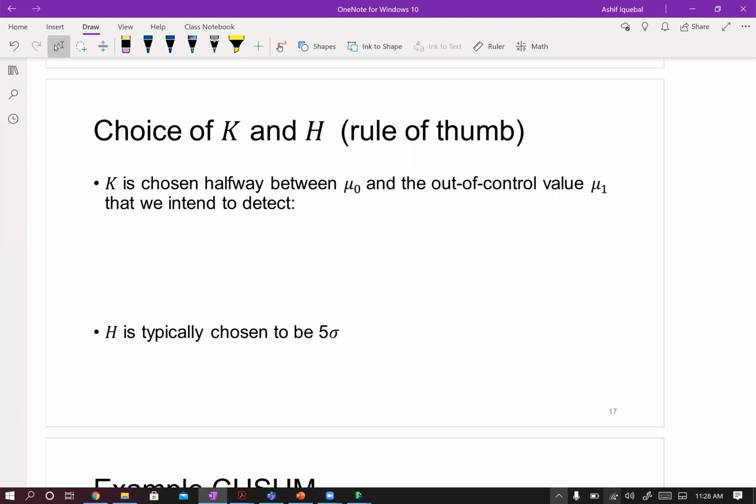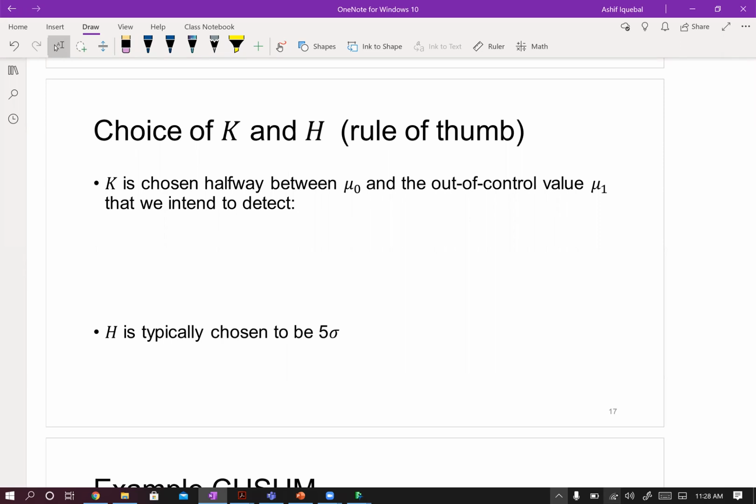If you read different papers, you will always find that people have different methods of estimating the values of K and H. So what I will do is, first I will talk about a recommended method, the so-called rule of thumb, and then I will talk about one of the methods that has been proposed in literature not too long ago. Okay.